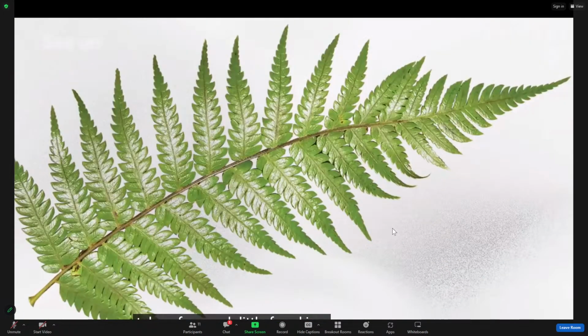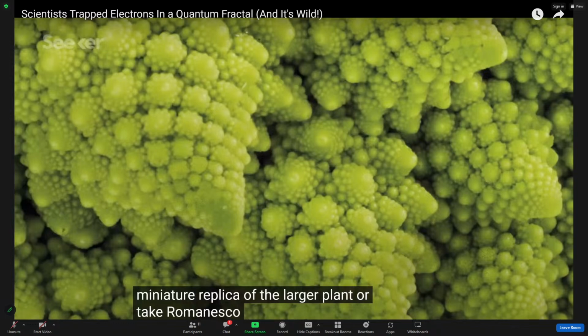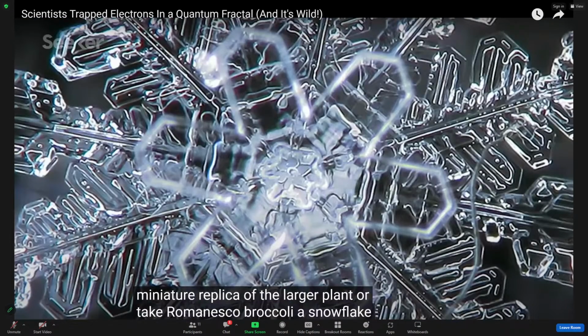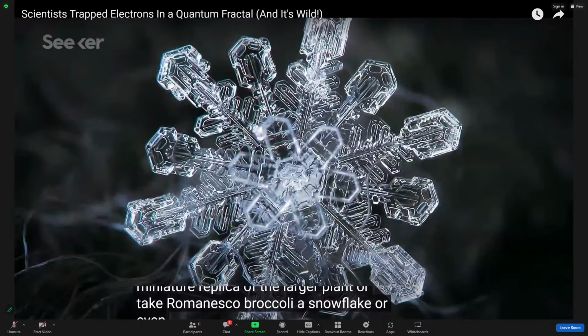Oh, or it looks like a miniature version of the whole.